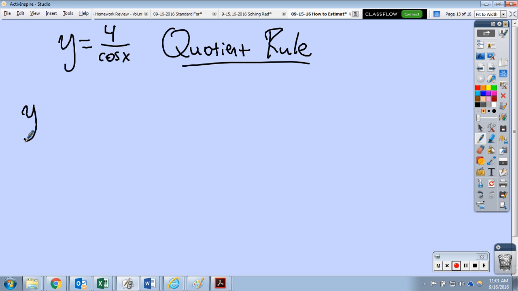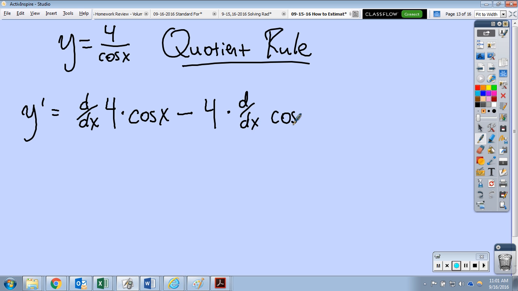The quotient rule says that y prime would be equal to the derivative of the first, leave the second guy alone, minus leave the first guy alone times the derivative with respect to x of the bottom, all over the bottom squared.